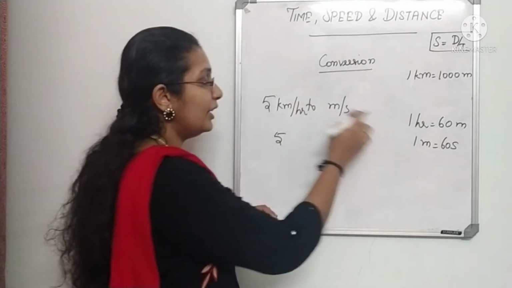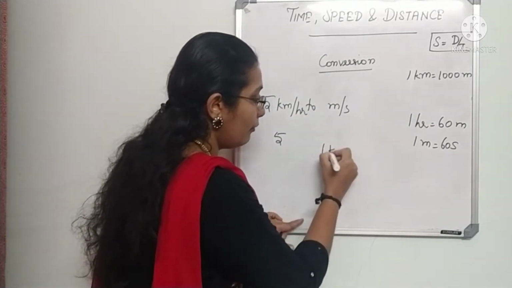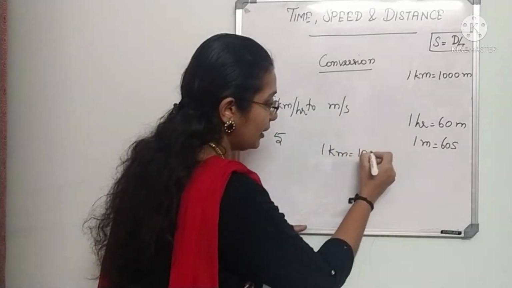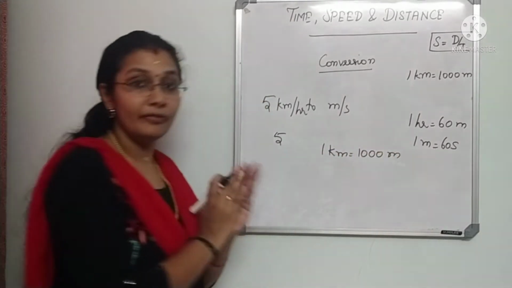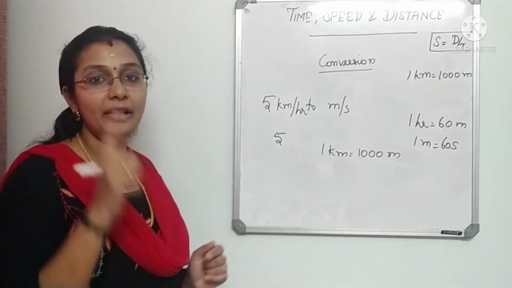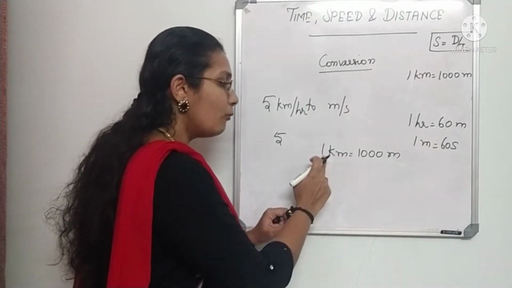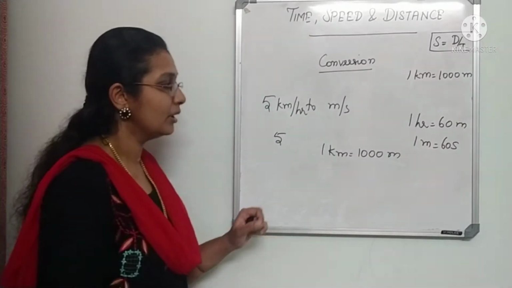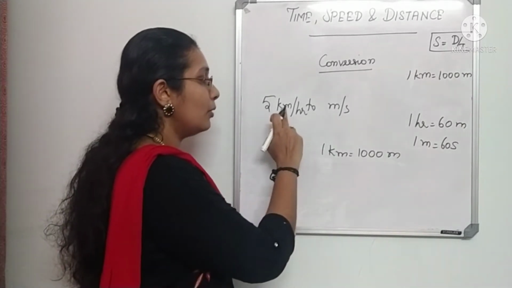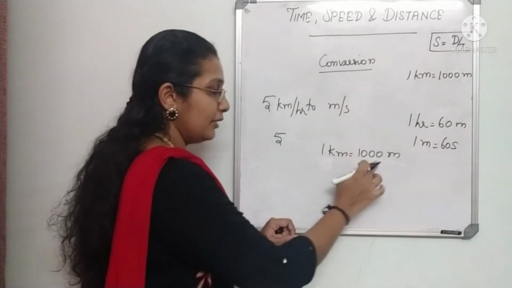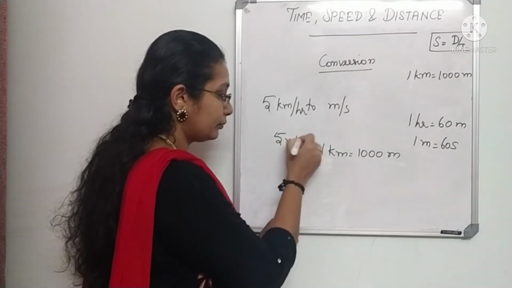So kilometer to meter: you know 1 kilometer is equal to 1000 meter. When 1000 meters join together you have 1 kilometer. Here I have to convert kilometer to meter only, so into 1000.